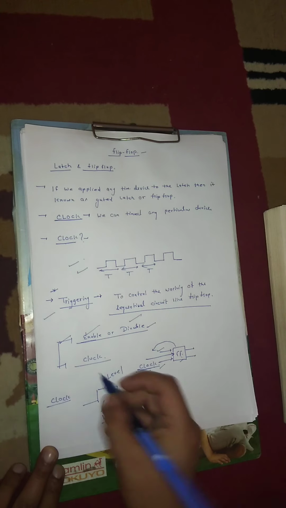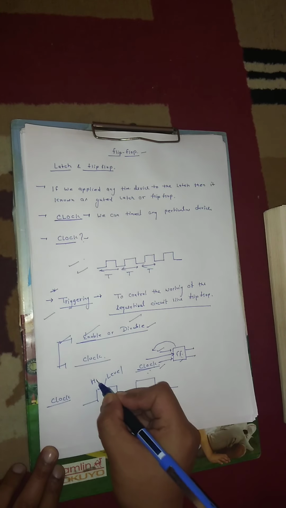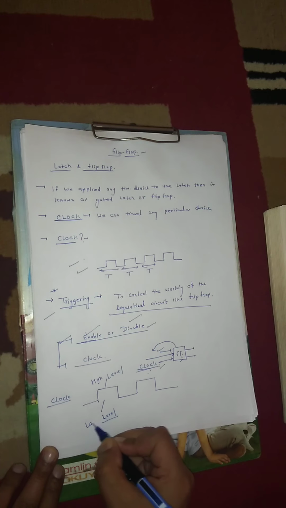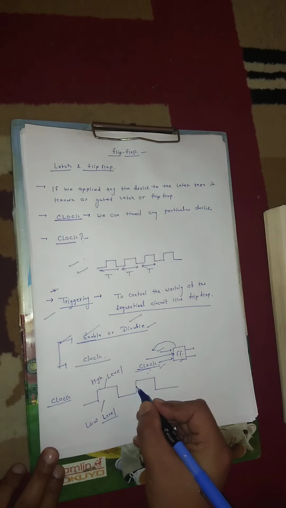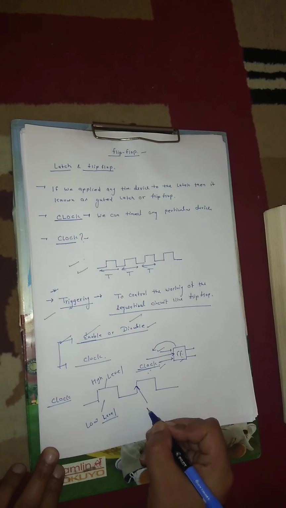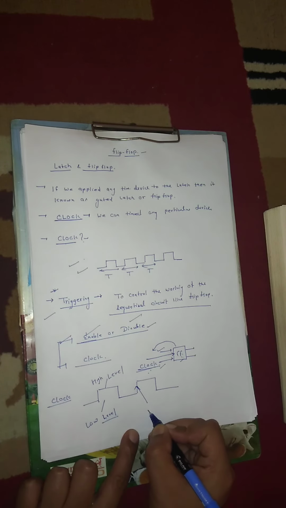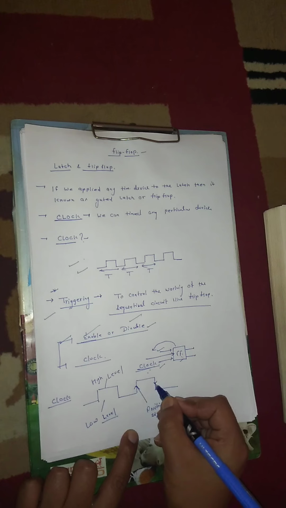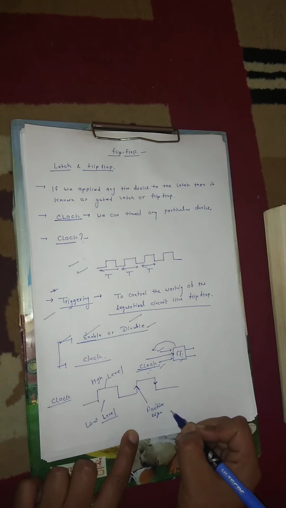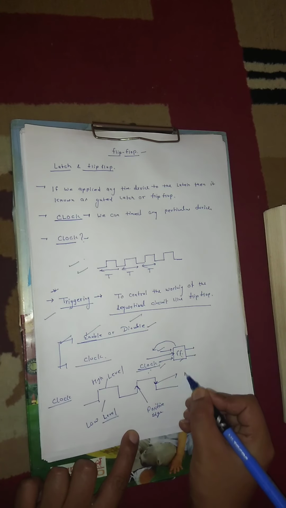These are the levels: this level is the high level and this level is the low level. Similarly, the second thing is edges. This is the rising edge, so that edge is known as the positive edge. And the second thing is when the pulse goes down from 1 to 0, or high to low, that edge is known as the negative edge.